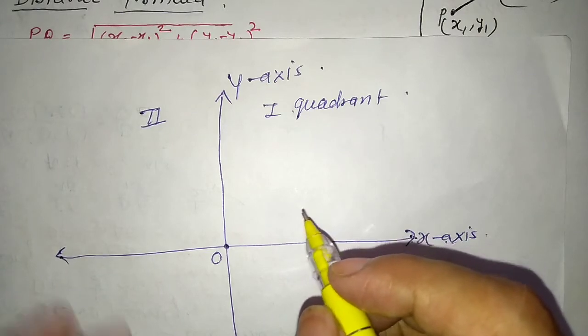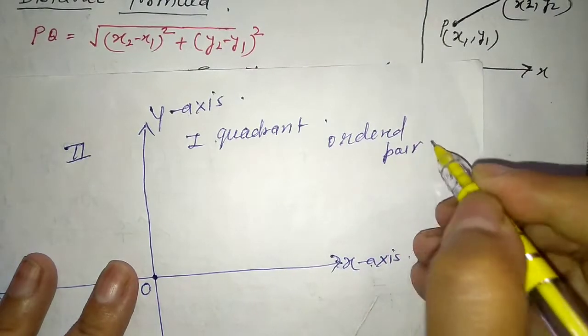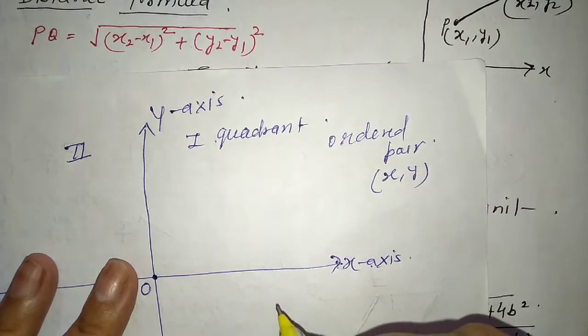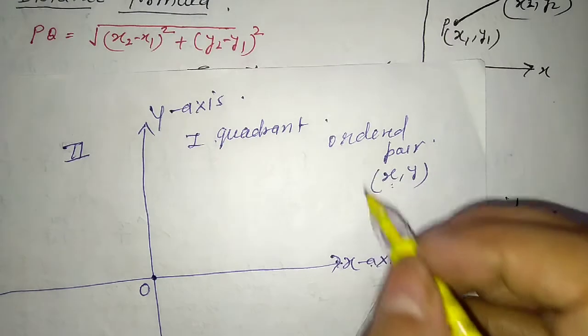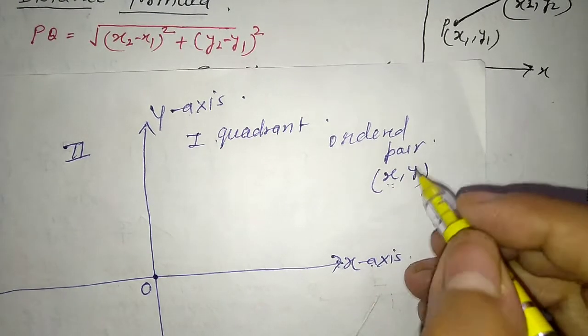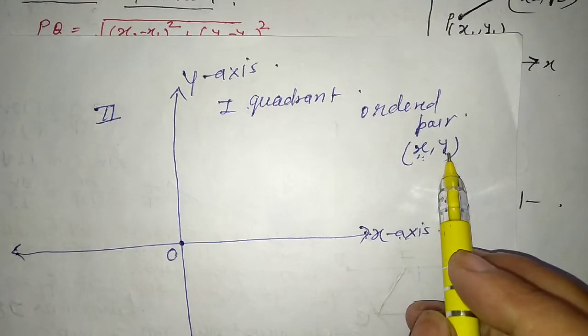Coordinates are known as an ordered pair, because they are always written in the form of x and y, where x is always at the first place and y is at the second place. That's why these are an ordered pair, because they are two in number. Always x and y, the value of x and the value of y.